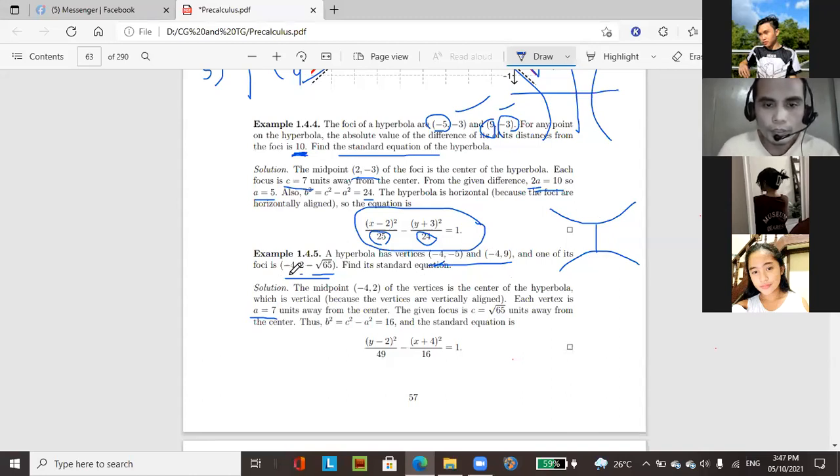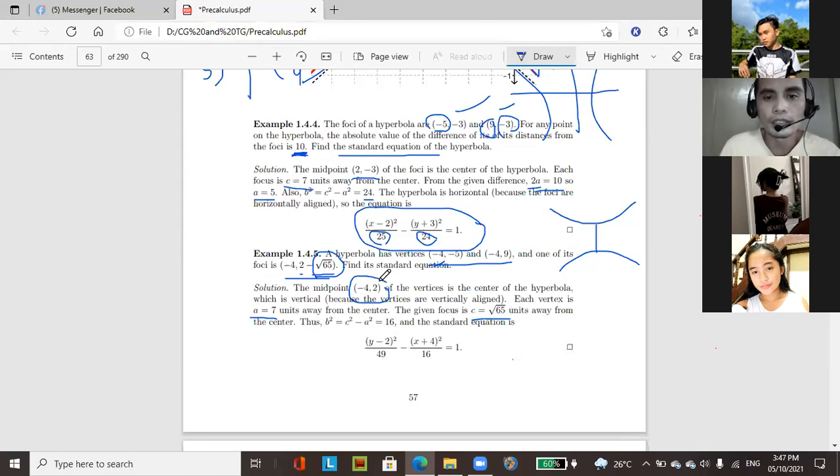Also, from the foci we get the distance c, where c is the distance from the center to the focus. From the given vertices, the midpoint is the center.